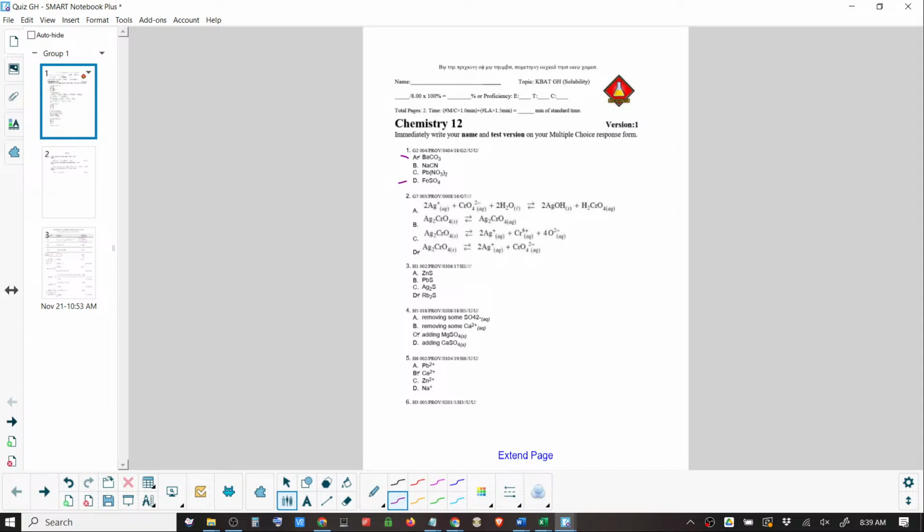Question number 2. What is wrong with the other 3? The first one doesn't even have the right formula on the product side. That one's very weird. And then the second one, you can't make a saturated solution if it stays together.